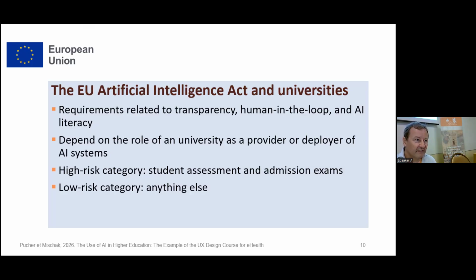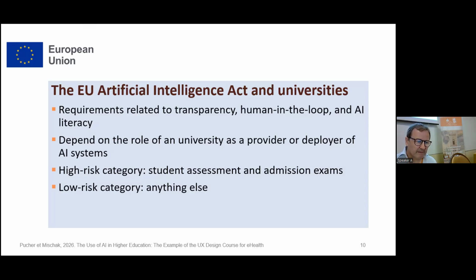And there's a high-risk category. There are only two examples for high-risk categories in the EU AI Act. One is students' assessment, and the other one is admission of students, which are not allowed to be performed only by AI. Everything else is low-risk categories, almost.